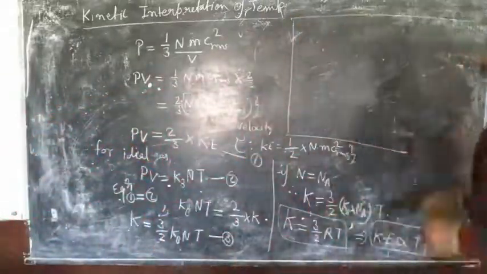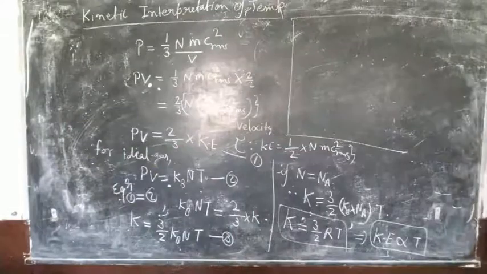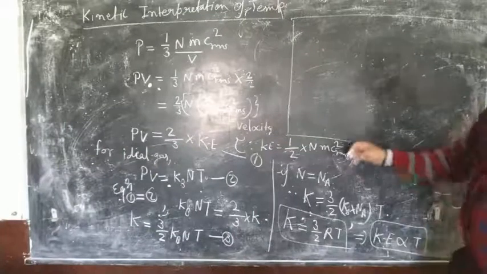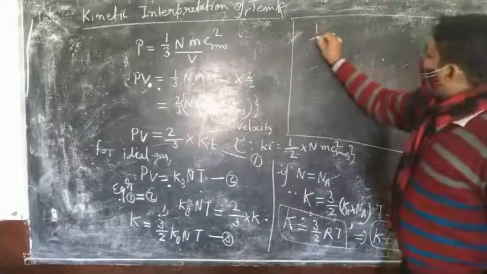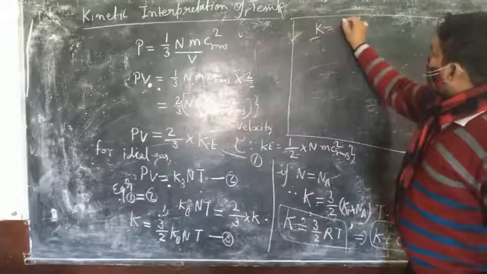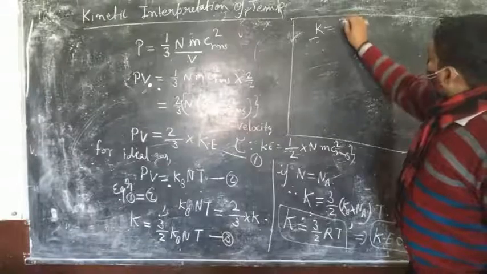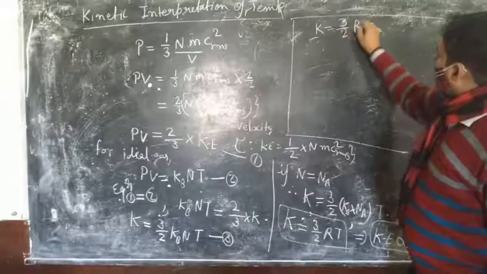After this, one more point we calculate here. This is your kinetic energy, 3 by 2 RT.